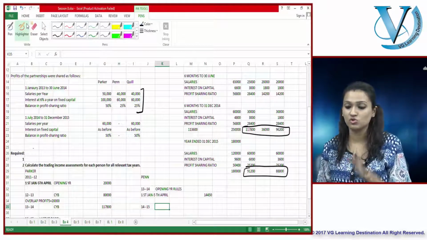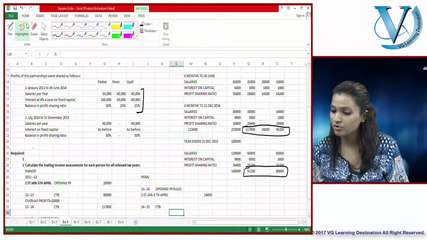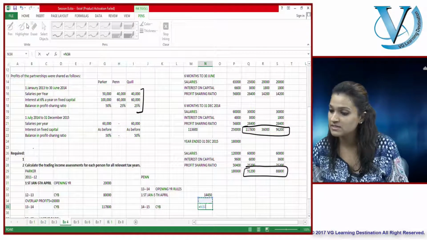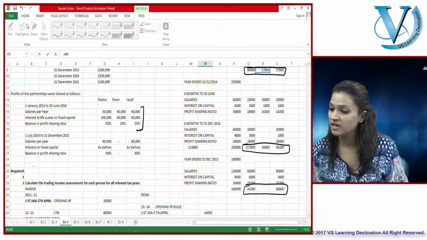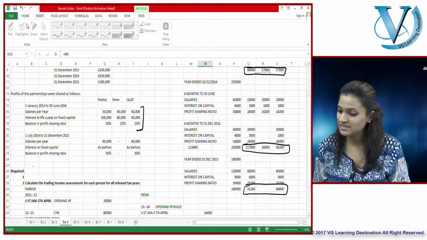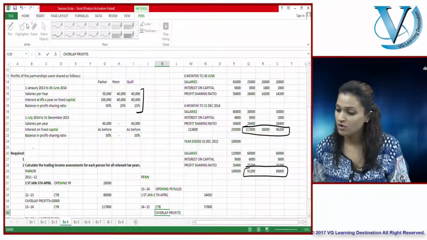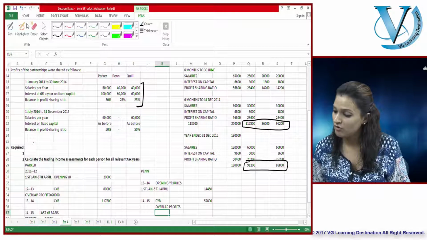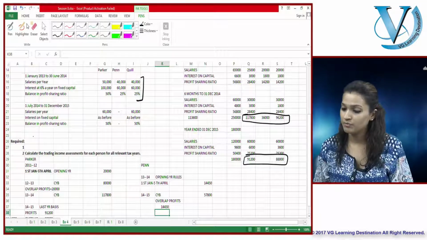So you tax those 12 months, which is the total 57,800, thus resulting in overlap profits of 14,450.